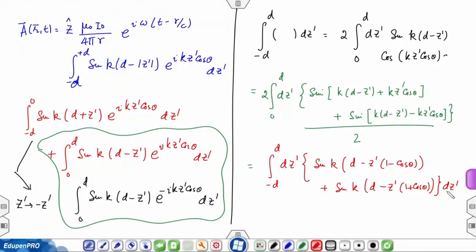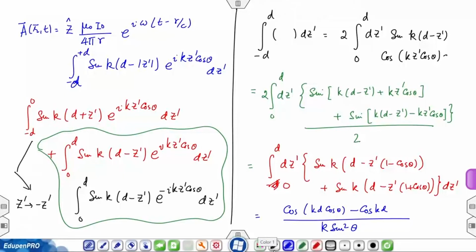This is a very simple integral to do, and I made a mistake here. This should not be minus d, should be 0 here, and this comes out to be cosine of k d cos theta minus cosine of k d divided by k sin square theta. I leave the steps in the middle for you to work out. It is a really straightforward integral.